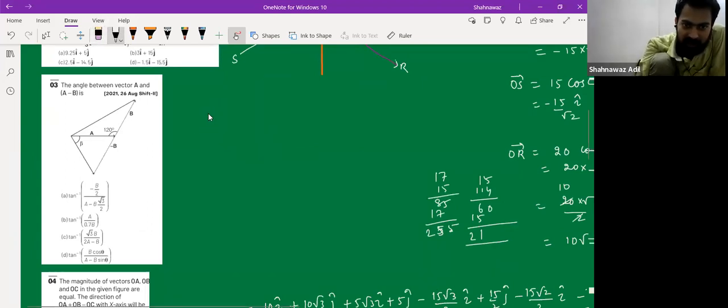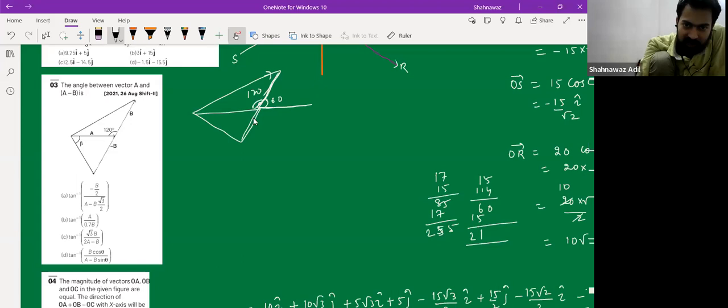Remember this diagram, right? So this is the diagram, and this angle is 120, right? So what would be this angle? 60. Yes, 60.